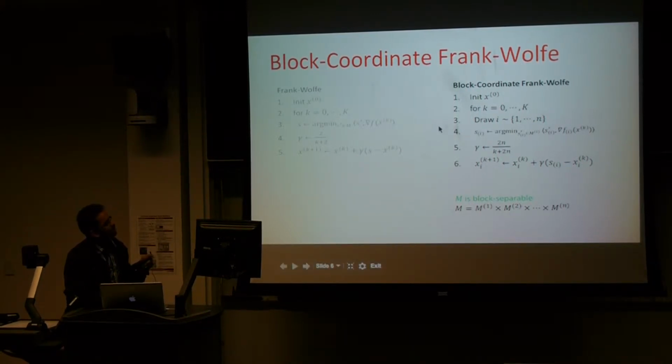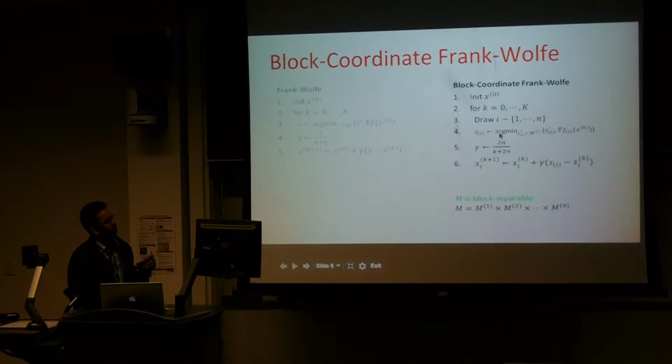The constraint space M is assumed to be block separable. So there are n blocks, and Mi corresponds to the ith block constraint space. And this minimization problem can be broken down into n subproblems.